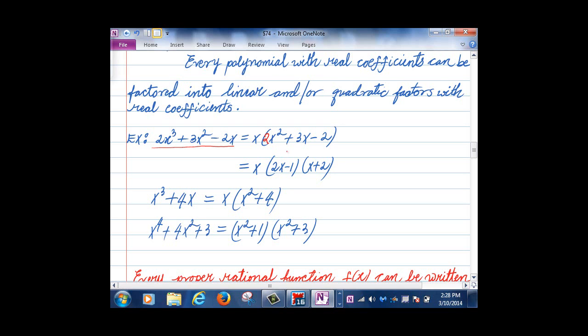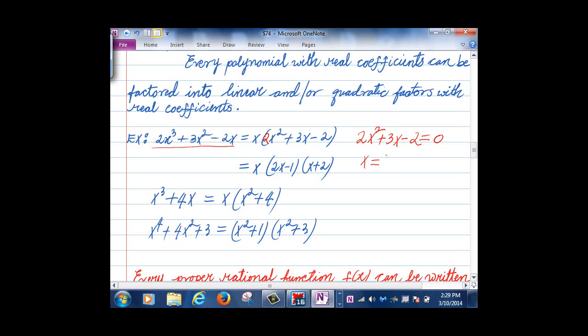Now, 2x squared plus 3x minus 2, is that reducible or irreducible? Well, you can see from what I have there, it's reducible. But let's just check. Before you do the factorization, you can check whether it is irreducible. All I do is look at the quadratic equation and apply the quadratic formula to see if I have a solution.